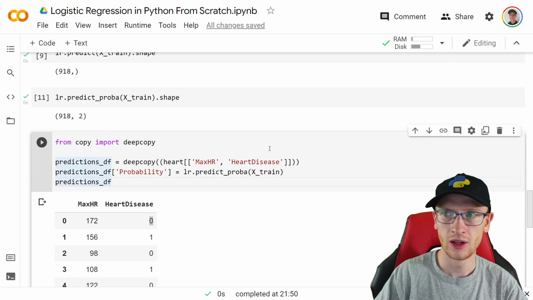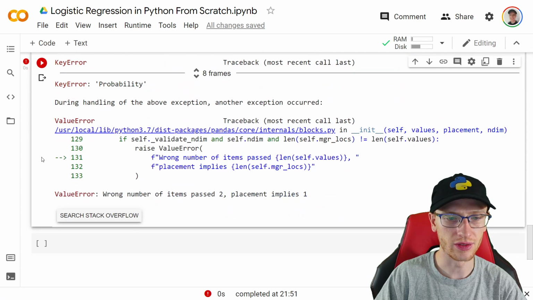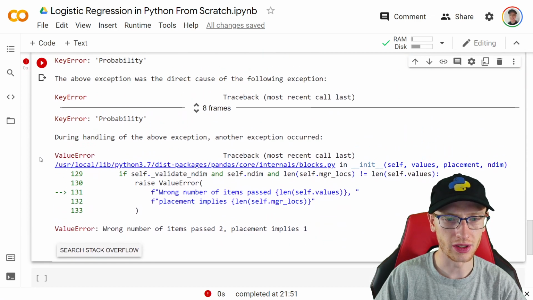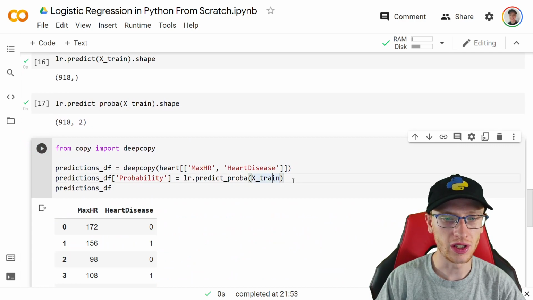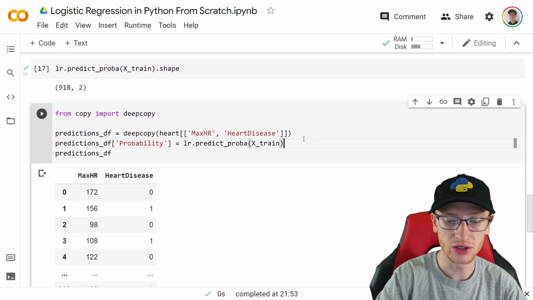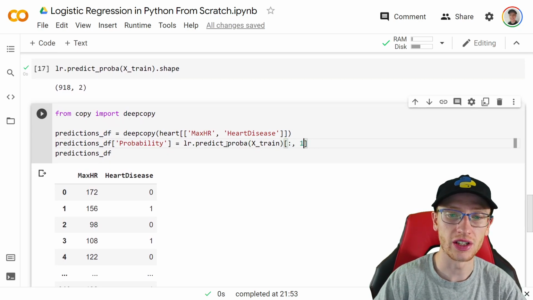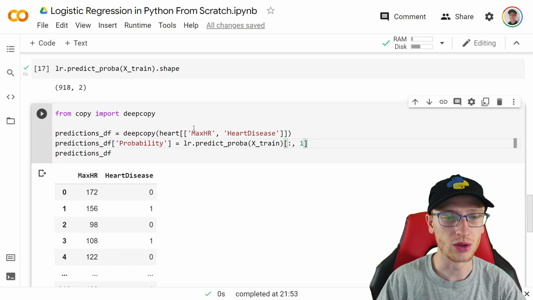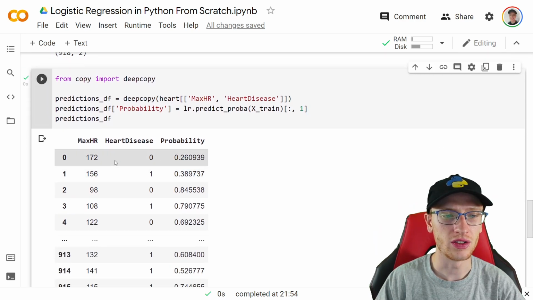Then we run that, and we will see that we have an error: wrong number of items passed 2, placement implies 1. Sorry about that. Basically, I was trying to pass in 2 values here. What I wanted was only the probabilities on all the rows and then the second column. That's how you do that. I also had another pair of round brackets here, which I didn't like. And so now the probability is right here.